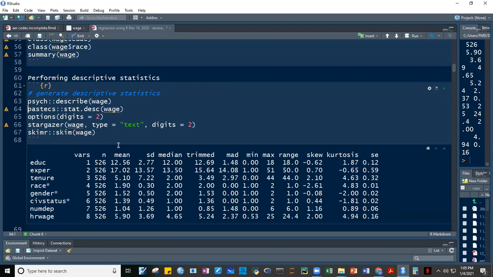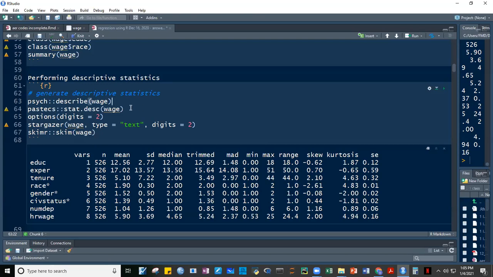Okay, so yung describe package, it will give us the variables and then some numerical descriptive measures. Yung count, yung mean, standard deviation, median, trimmed median, okay, mean absolute deviation, etc. Skewness, kurtosis, standard error. Okay, that's what the describe function from the psych package will give us.